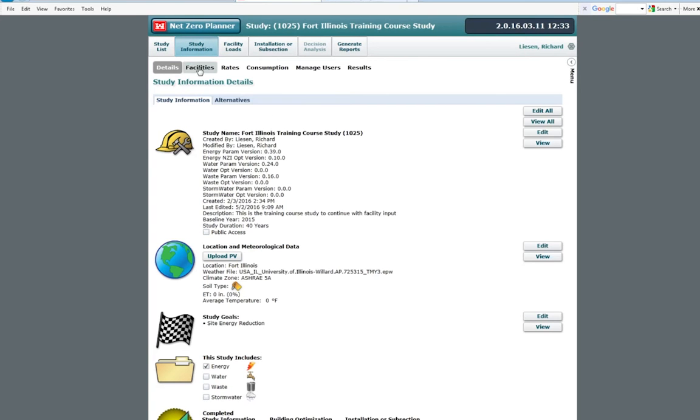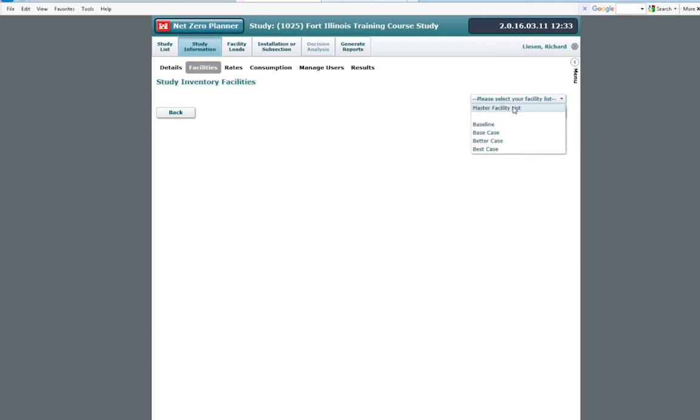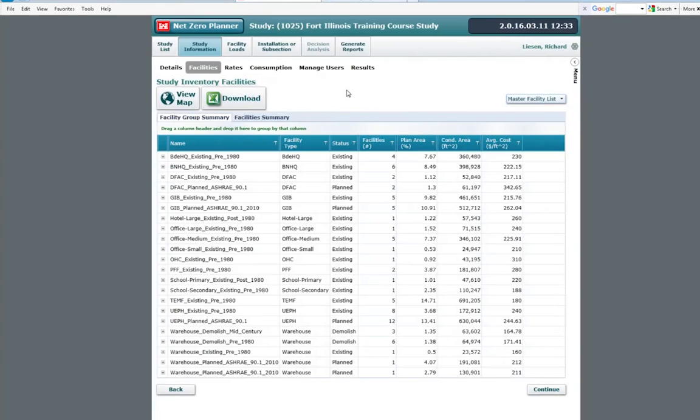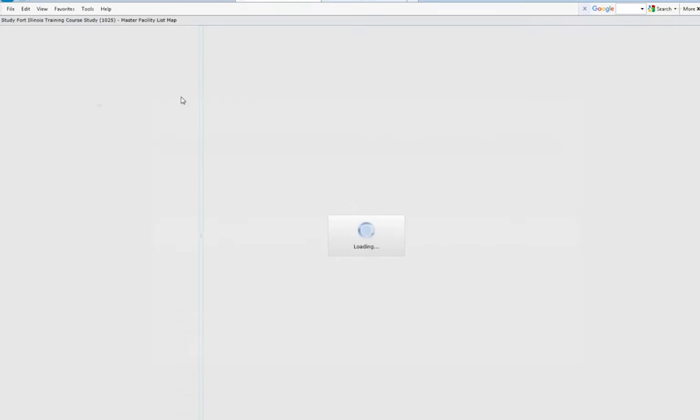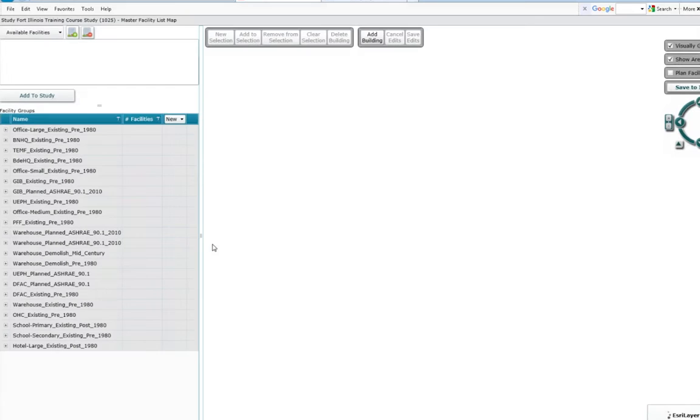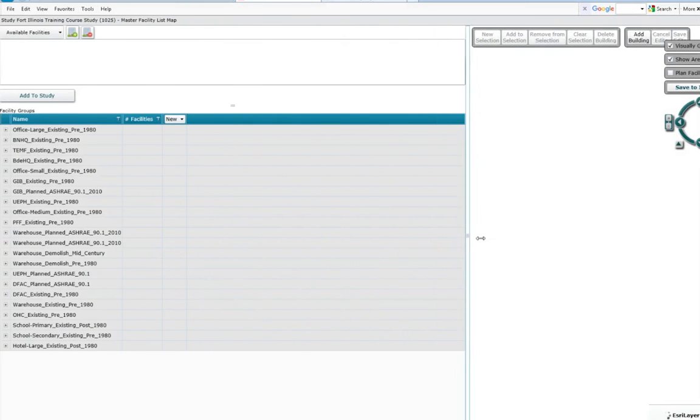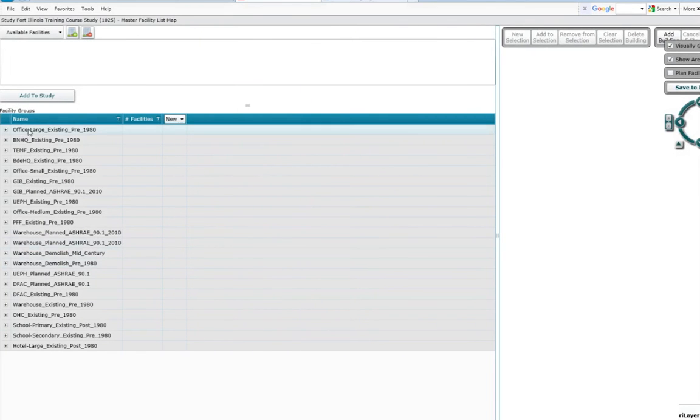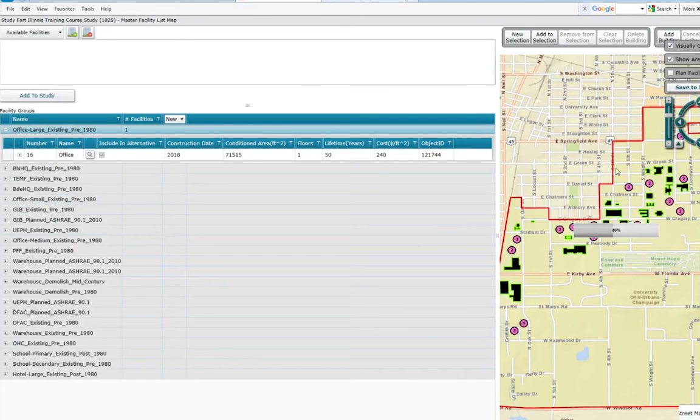Let's go all the way back to the map, to the master facility list, and let's quickly look at what we're doing here again. What's important to us is we can see the map coming up over here, but what we're looking at are these dates, this construction date and what it means by each group.